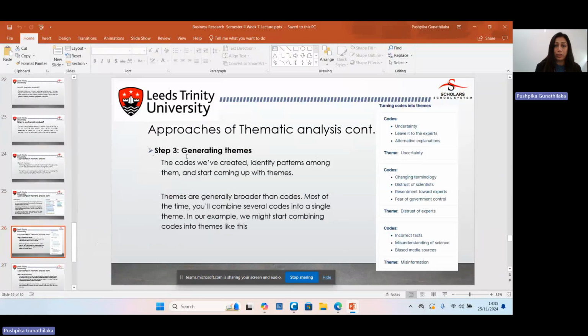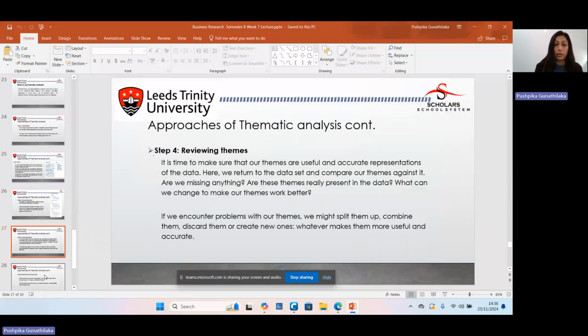Then you start generating themes. So this is how I have shown you how the themes are identified. Theme 1, uncertainty. Theme 2, distrust of experts. Theme 3, misinformation. Likewise, we generate themes. And then we review themes.